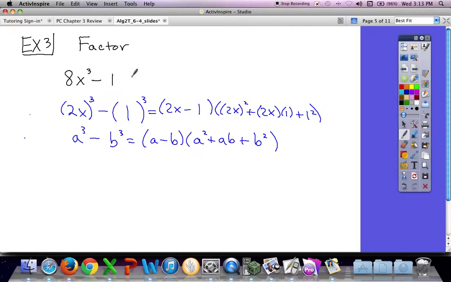And then that could be simplified. 2x minus 1. 2x in parentheses squared is 4x squared. 2x times 1 is 2x. And 1 squared is 1.